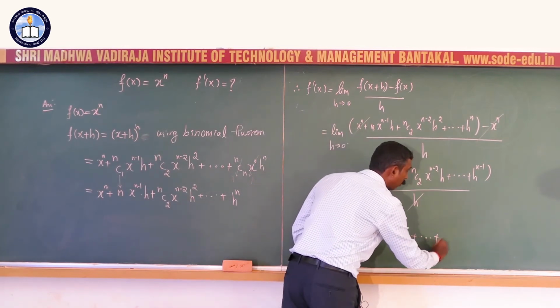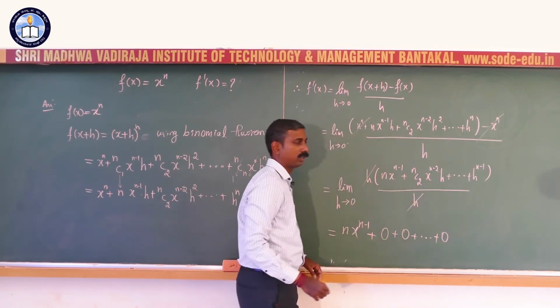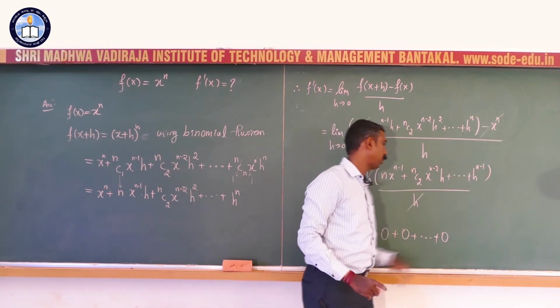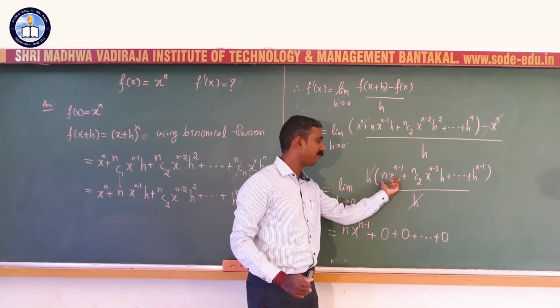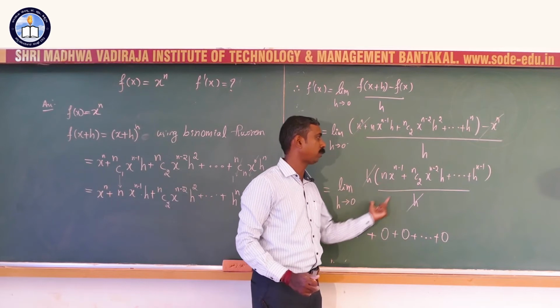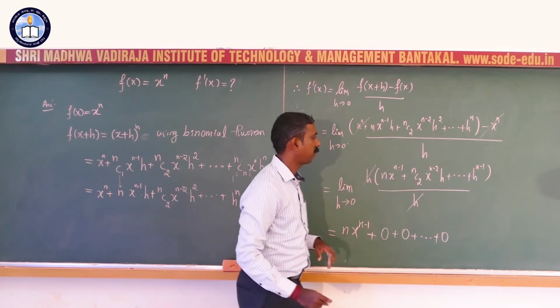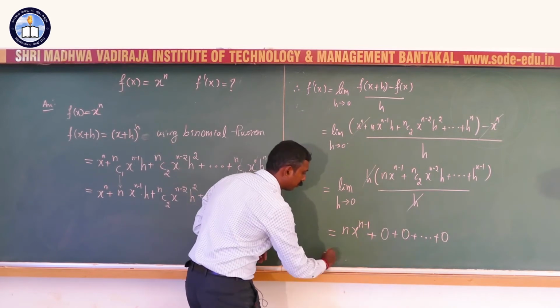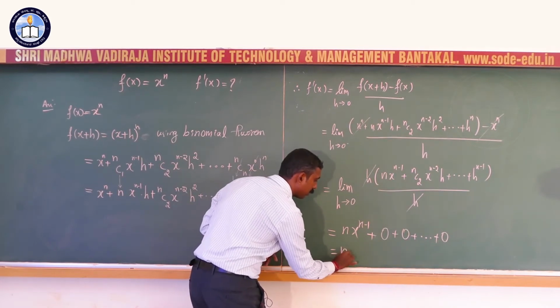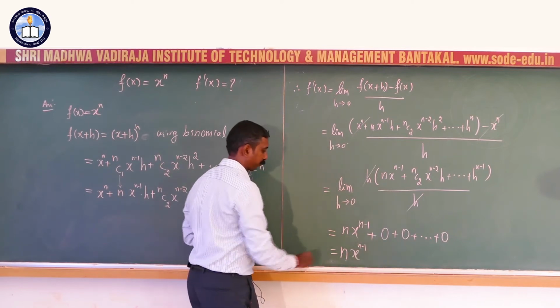So, when you consider all of them, it will be 0 because of this h, h square, h power n minus 1. So only the first term remains, and the remaining terms just vanish. So the final answer will be n into x to the power n minus 1.